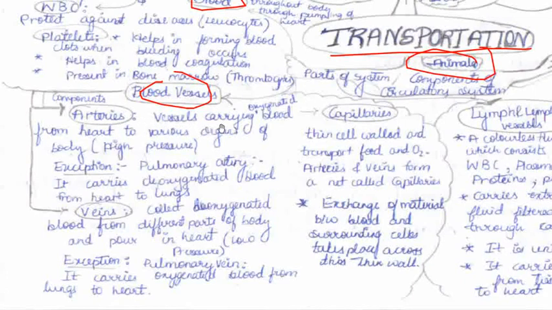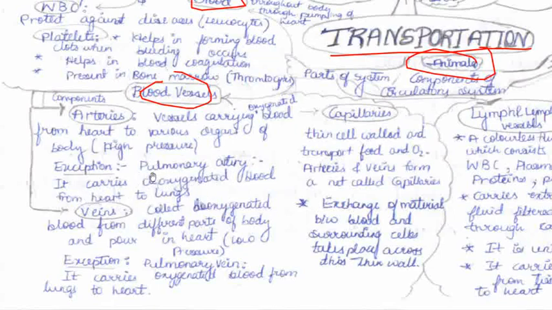The arteries. What are arteries? These are the blood vessels which carry oxygenated blood from the heart to various organs of the body. These are usually at high pressure. That means the tubes carrying blood with oxygen content are arteries. There is an exception, that is the pulmonary artery. What is the function of the pulmonary artery? It carries deoxygenated blood from the heart to lungs.